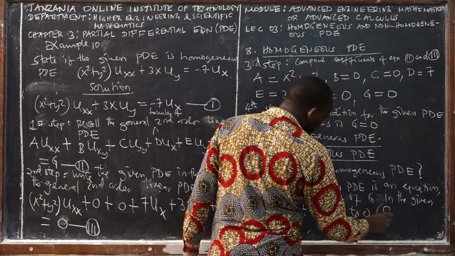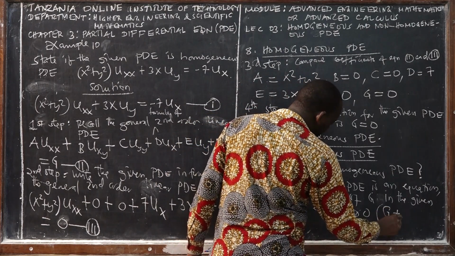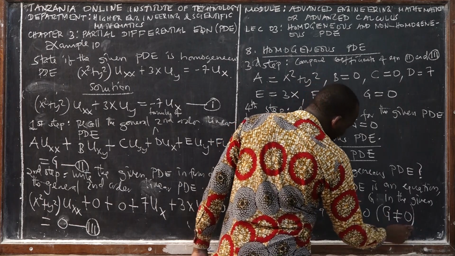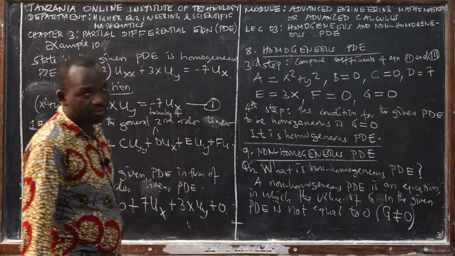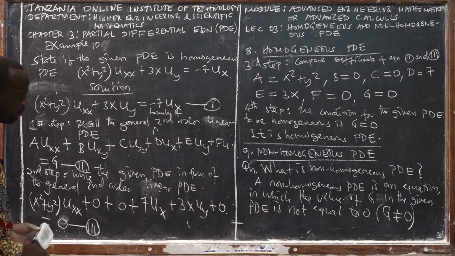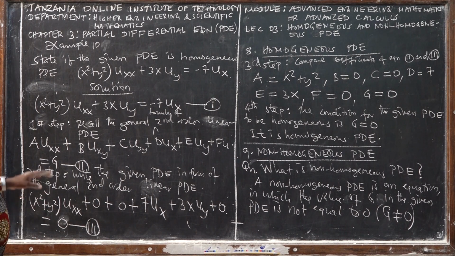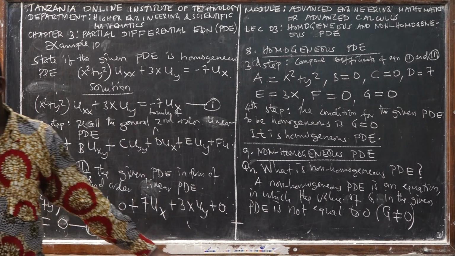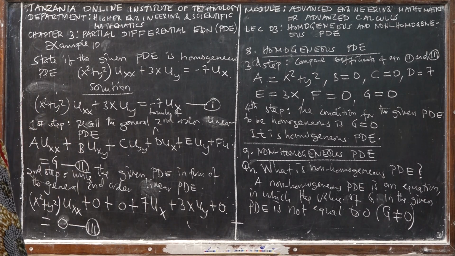So a partial differential equation is said to be non-homogeneous if the value of G is not equal to 0. That's all. So from the general formula, and where that general formula is this one, if the value of G is not equal to 0, that's non-homogeneous. Simple. If you understood homogeneous, then non-homogeneous is the opposite. Okay?